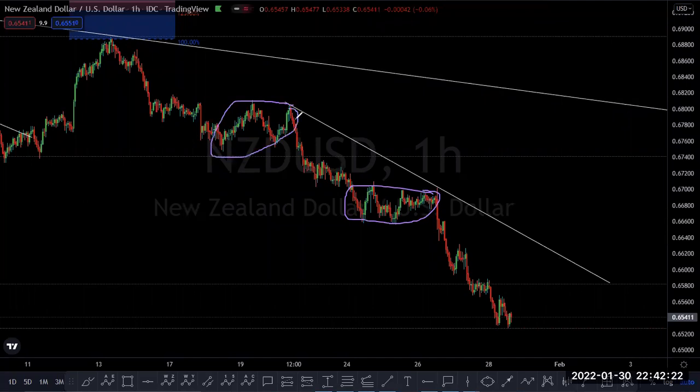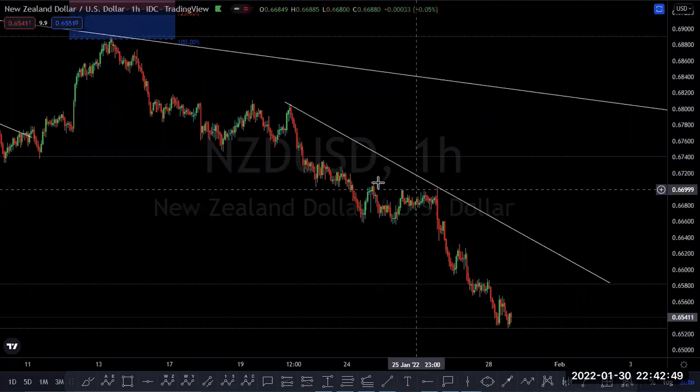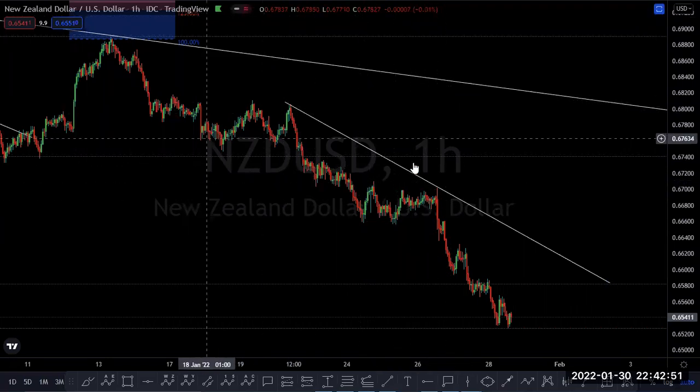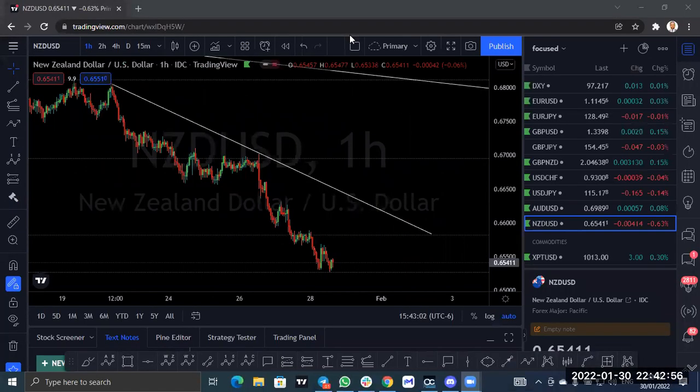If I see this type of pattern here, I will sell, even if it doesn't touch the line. But if I see a nice pattern like this, I will sell. Because we still have 20 pips or they're about to drop. Okay, but don't rush. You see what I mean? If you see this type of pattern, you will know, or this type of pattern, you will know. So it's not rocket science.